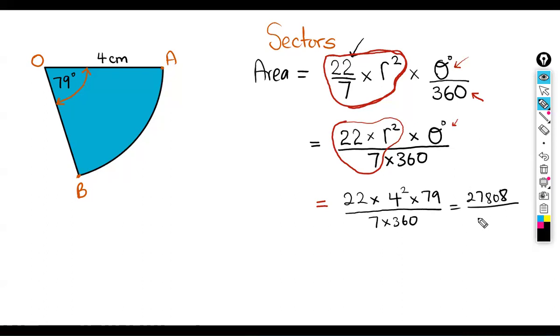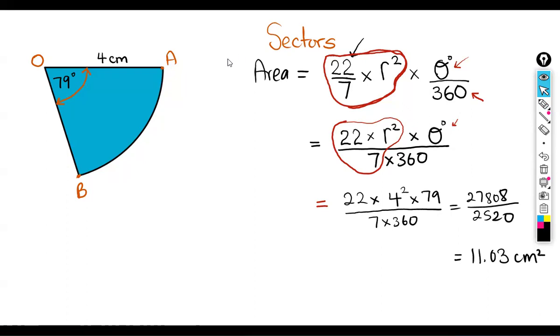And for the underneath, 7 by 360, that will always give you 2520. Divide both of them, and I'm getting 11.03 centimeters squared.